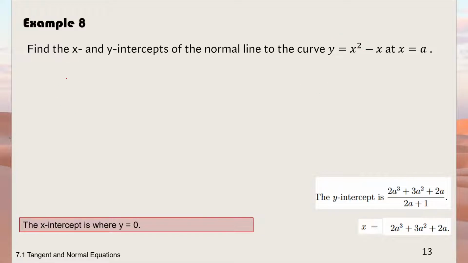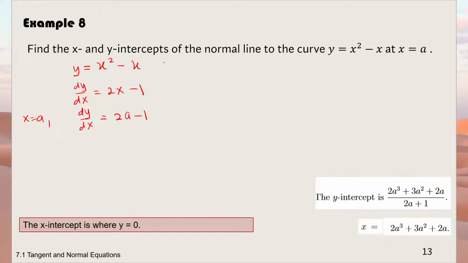So first thing, we have y equals x squared minus x. So dy/dx equals 2x minus 1. When my x equals a, dy/dx equals 2a minus 1.